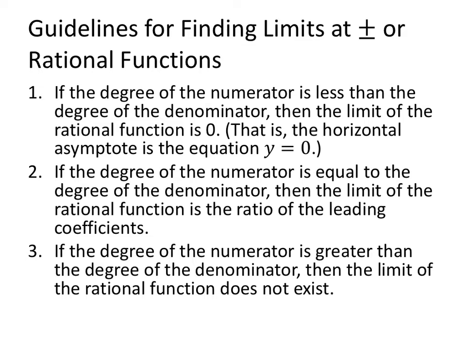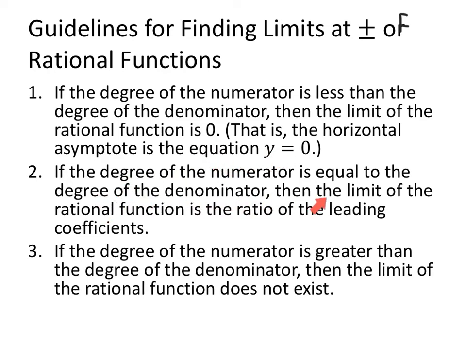Here are some guidelines for finding limits at plus or minus infinity of rational functions. Wow, there's some bad typing going on. Let's see if I can fix that. There we go. If the degree of the numerator is less than the degree of the denominator, then the limit of the rational function is 0. And we'll prove this. The horizontal asymptote is the equation y equals 0.